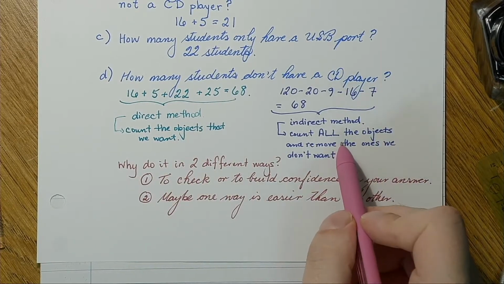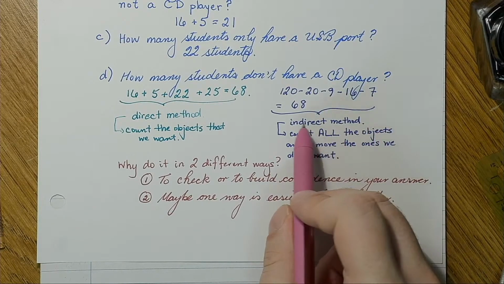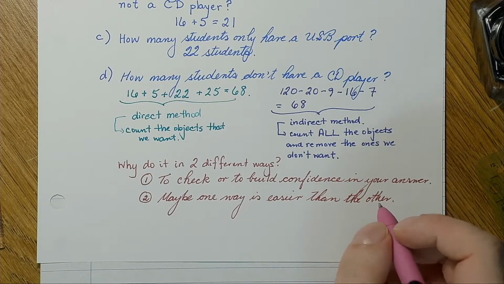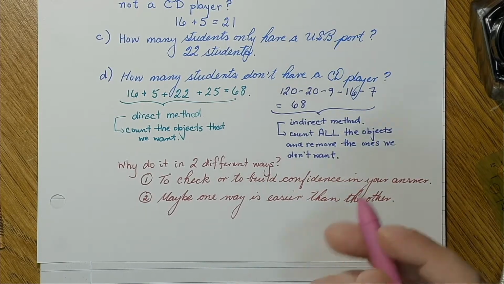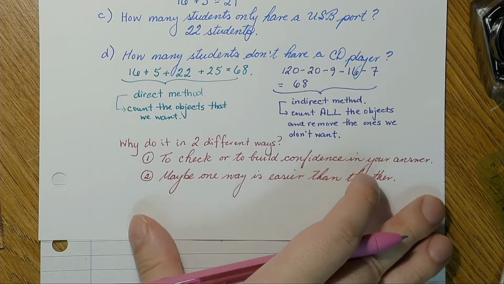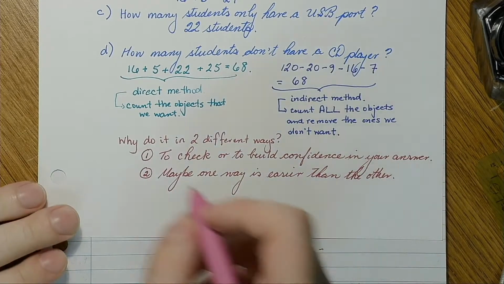It could be quicker to do it indirectly. You'll still have to maybe do it both ways, but it's one of the reasons why it might be easier to do it one way.